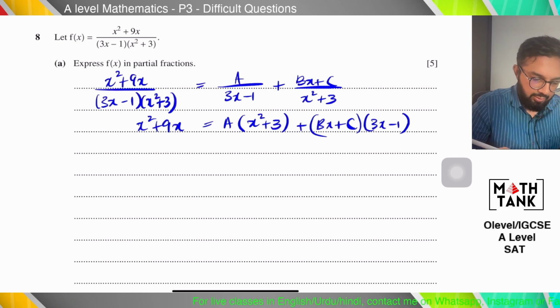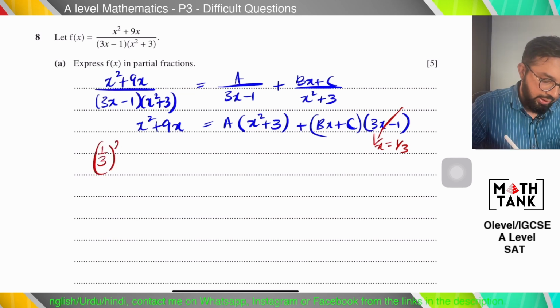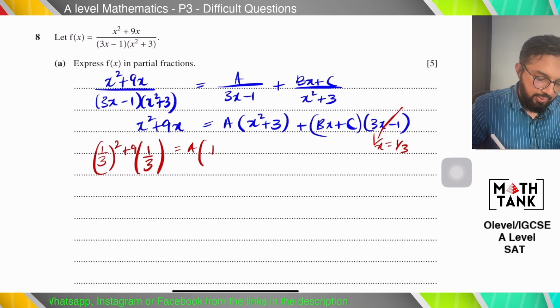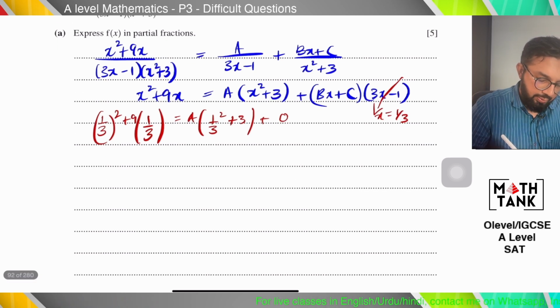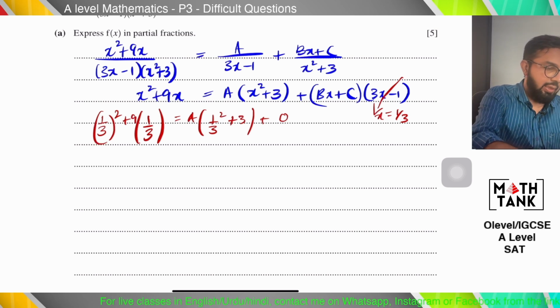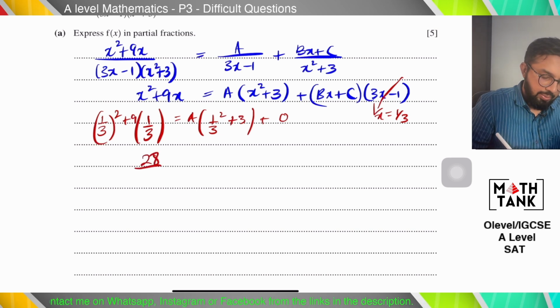Okay, so when x equals 1/3, 1/3 squared plus 9 times 1/3 equals a into (1/3 squared plus 3) plus 0. So 1 over 9 plus 3 is 28 over 9.